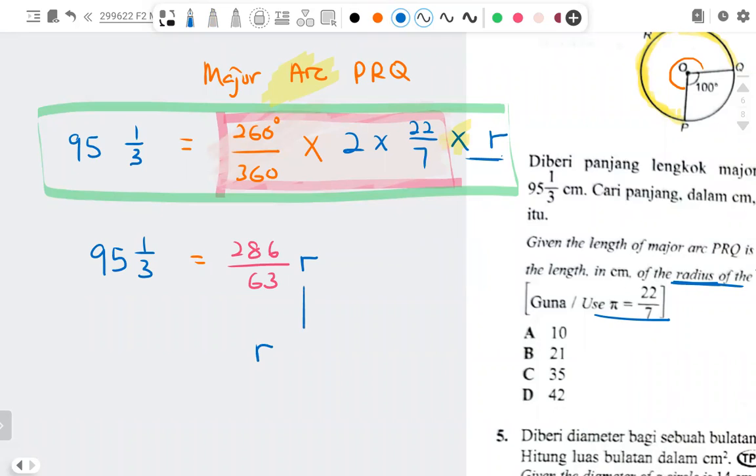Then equal to 95 and 1 over 3 divided by 286 over 63, because if you change times to the other side, it becomes divide. Key in the calculator again and you'll find the answer. Let me know A, B, C, or D.